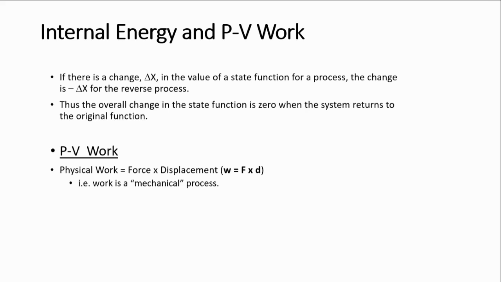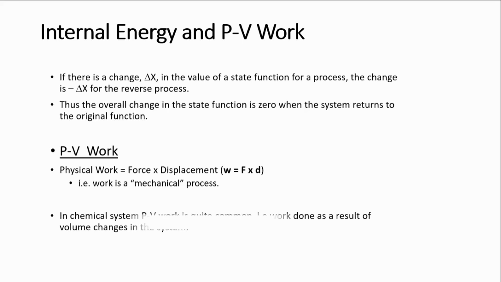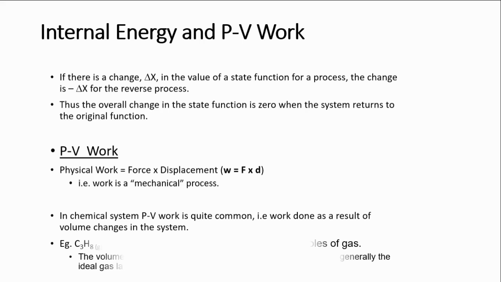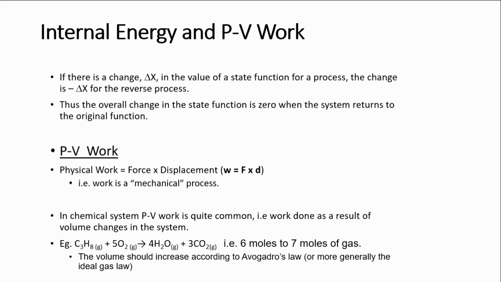Now you're probably wondering, how is it that a chemical system is able to do work? How is it that a chemical system will apply a force and also travel some distance? I'll show you. Look at this example down here. Propane gas reacting with oxygen to produce steam and carbon dioxide.